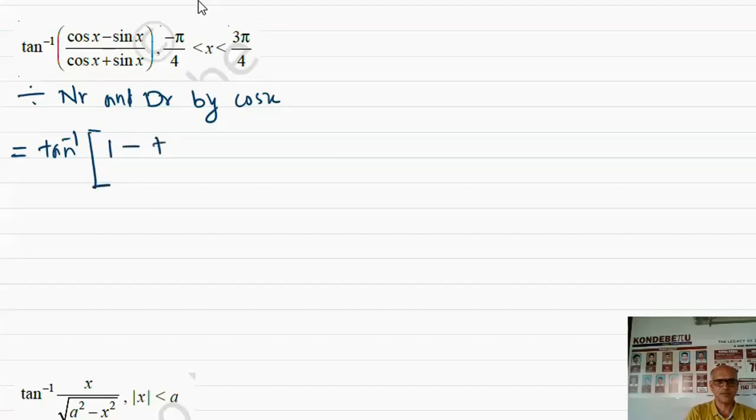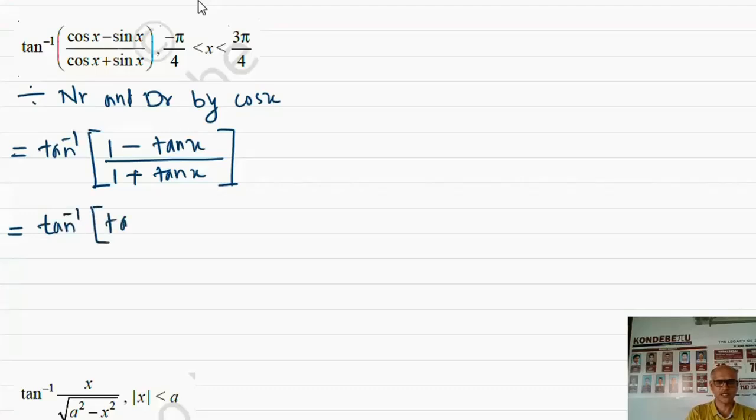I will have 1 minus tan x divided by 1 plus tan x. Again this bracket is the formula of tan pi by 4 minus x. So tan inverse of tan pi by 4 minus x, tan inverse tan cancels. What remains is pi by 4 minus x. So this is the simplest form of the given problem.